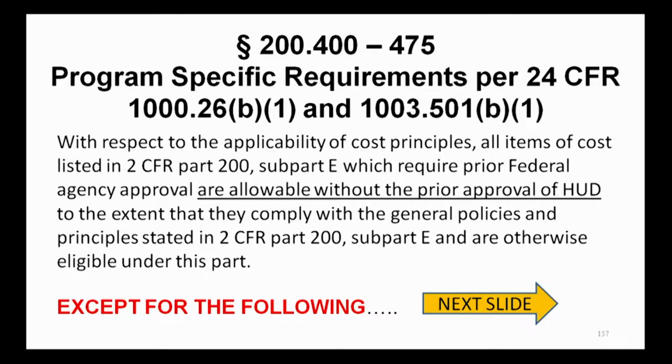So we have copies of those for 24 CFR 1000.26 for the NAHASDA regulations, which describes the administrative requirements under NAHASDA. And we also have a document that is 24 CFR 1003.501. It is a section called applicability of uniform administrative requirements and cost principles. So we're going to look at both of those documents.